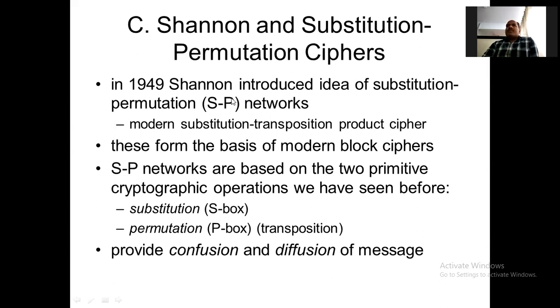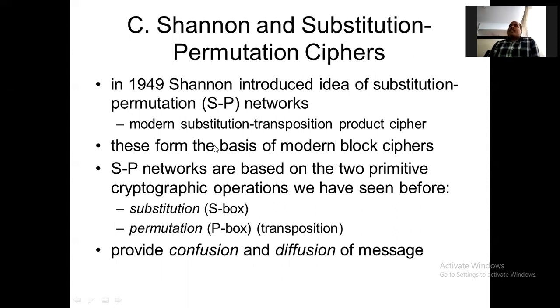So it is going to provide confusion and again diffusion of the message. Whenever you use the S-box and the P-box in our algorithm, one more problem is going to arise here. That problem is called confusion and diffusion. Why do confusion and diffusion arise here? Because we are going to process a large amount of data at a time.